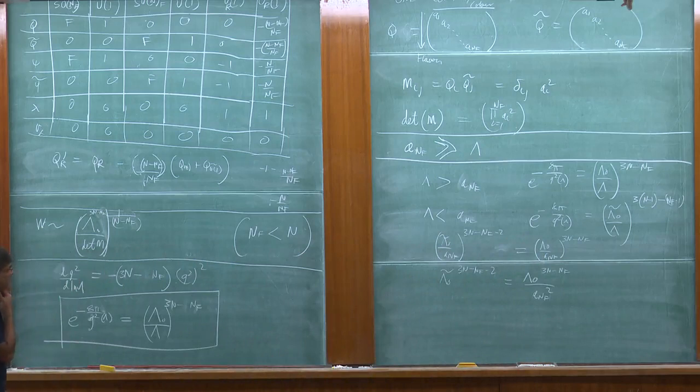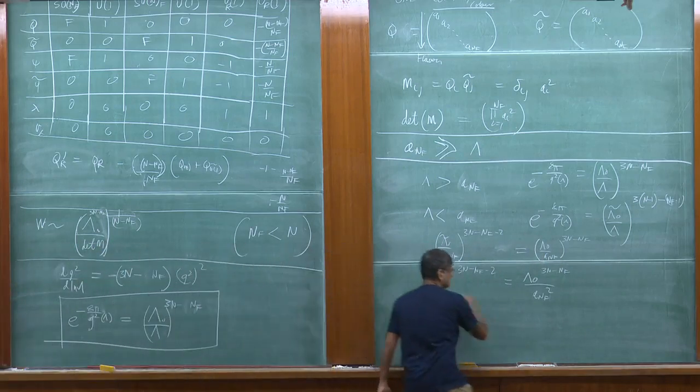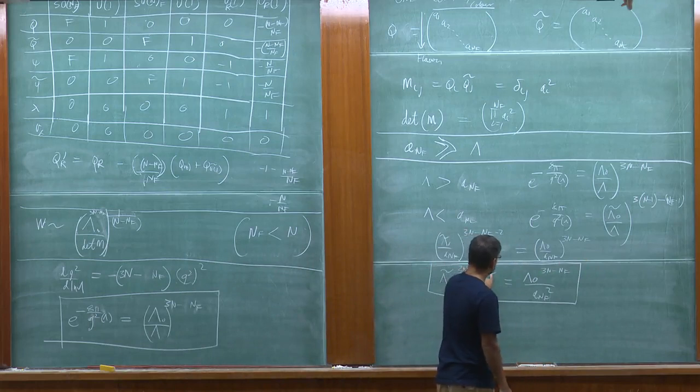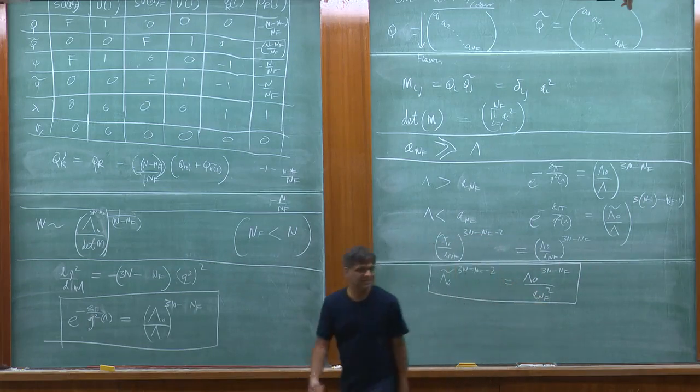Did I do that right, please? Let's check dimensionally. The total power of dimension here is 3N minus NF minus 2, and that's also there. So that's okay.